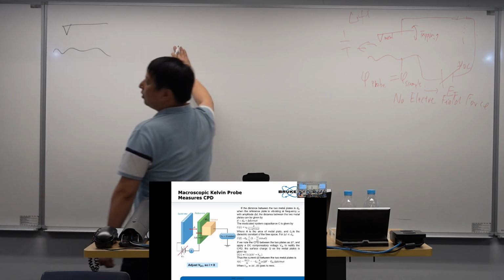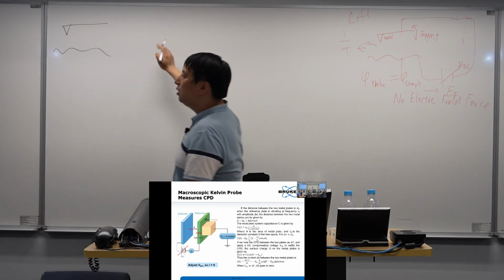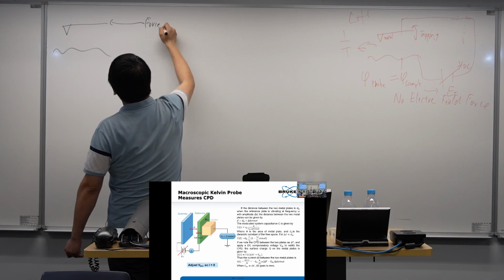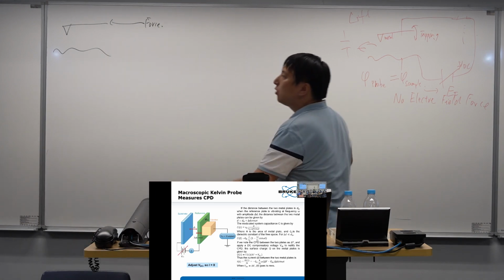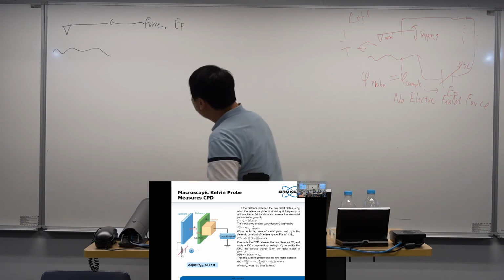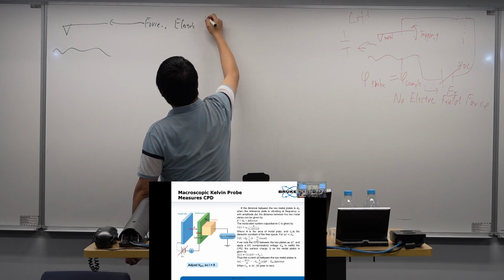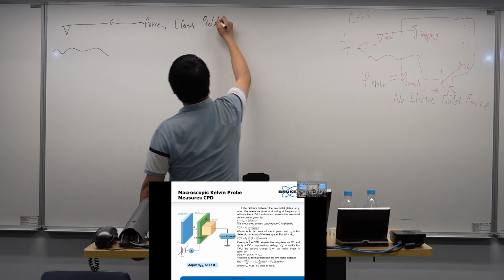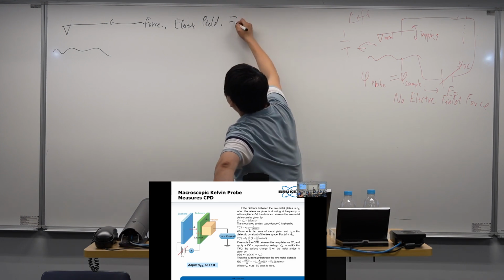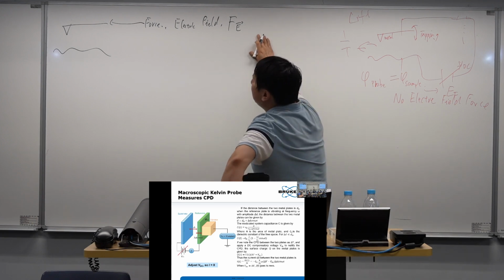This is the probe, this is my sample. And then I just need to detect the force on the probe. The force is the electric field force, so I label it as Fe, electric field force.